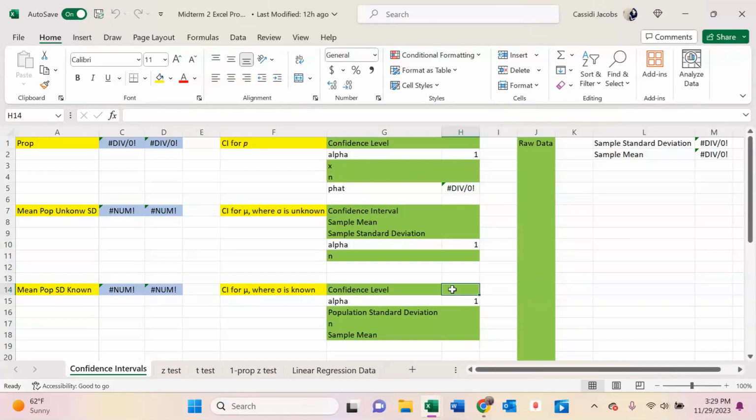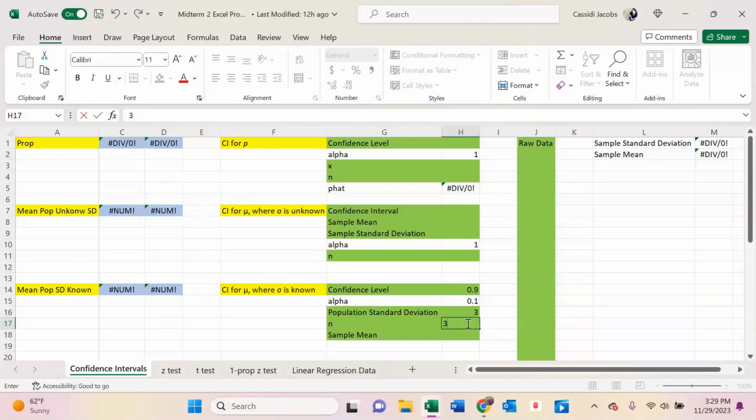So the first thing we're being asked is the confidence. We're told that the confidence is 90%. So the confidence level is 0.90, the decimal form of 90%. We're going to fill in the population standard deviation. The population standard deviation that was given to us in this example was 3 points.